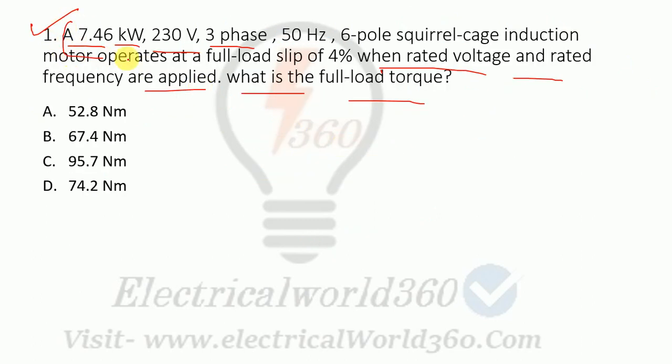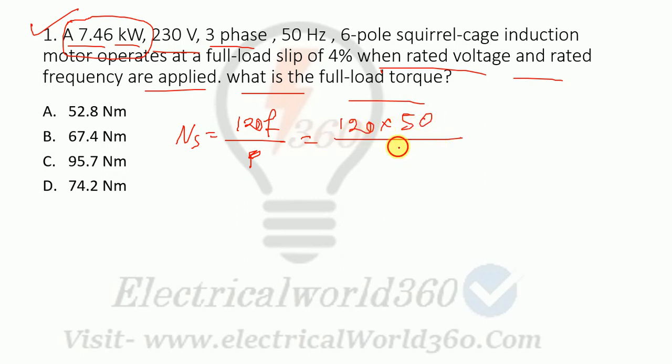In this case, the synchronous speed, that means Ns, is equal to 120f by P. Here the frequency is 50 Hz, so 120 into 50, divided by the number of poles, which is 6. So the synchronous speed will be 1000 rpm. Now we can easily find the rotating speed, that means N. N is equal to (1 minus slip) into synchronous speed.